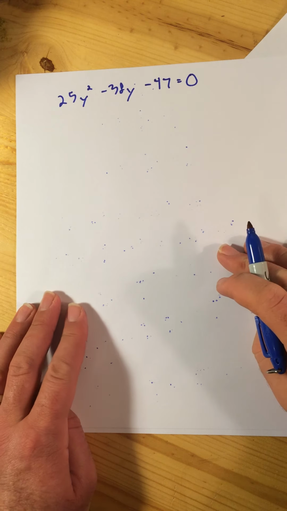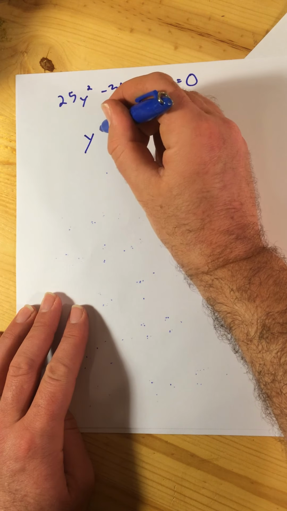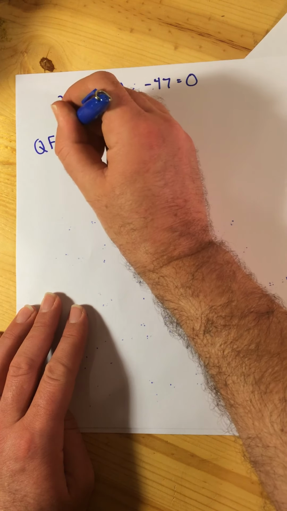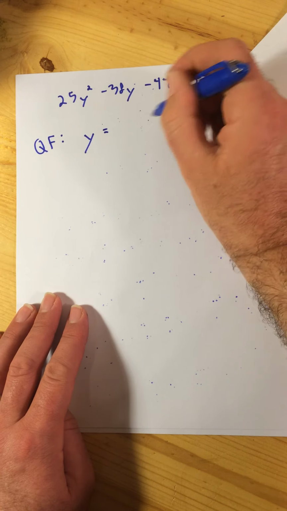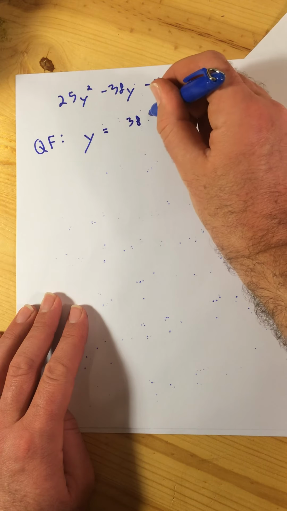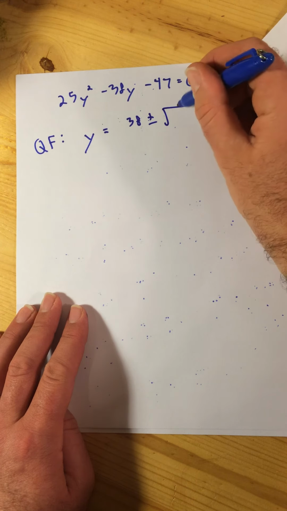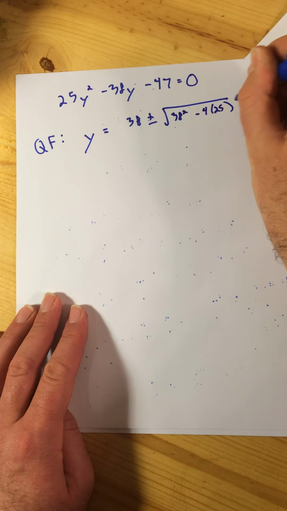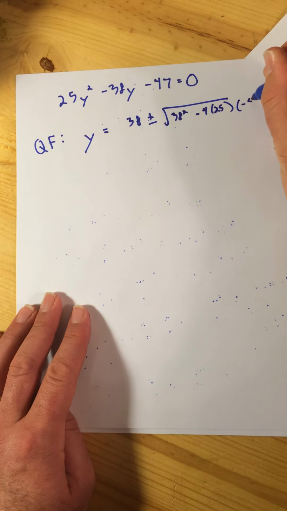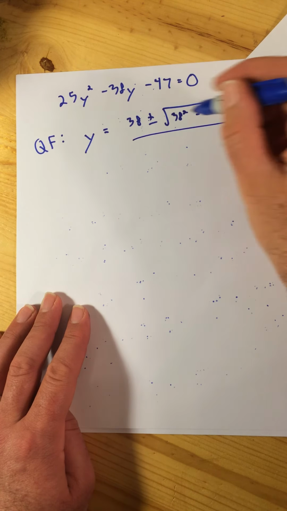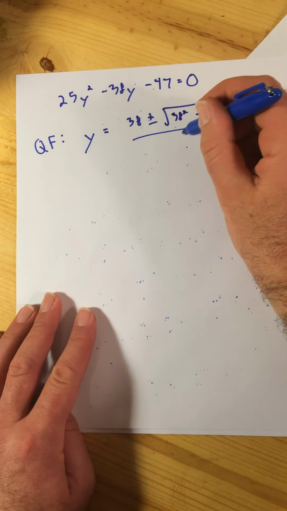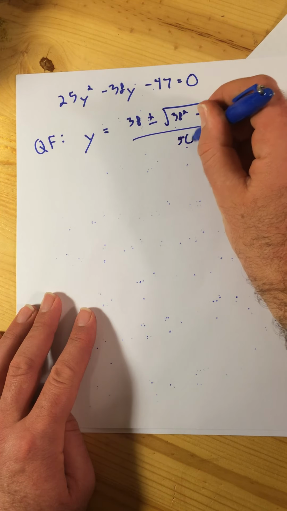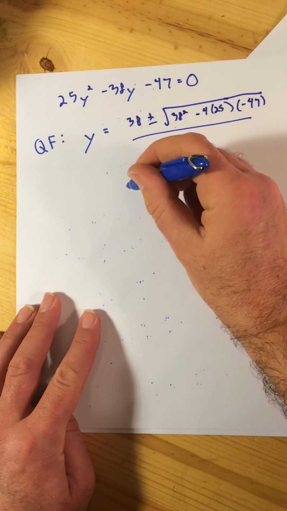Now that's something I can punch into the quadratic formula. So y should be what? Negative b plus or minus square root of b squared minus 4ac. Don't forget the negative on that 47. It means we'll actually be adding two things under the square root. Alright, that's over 2a, which is 50 in this case because a is 25.